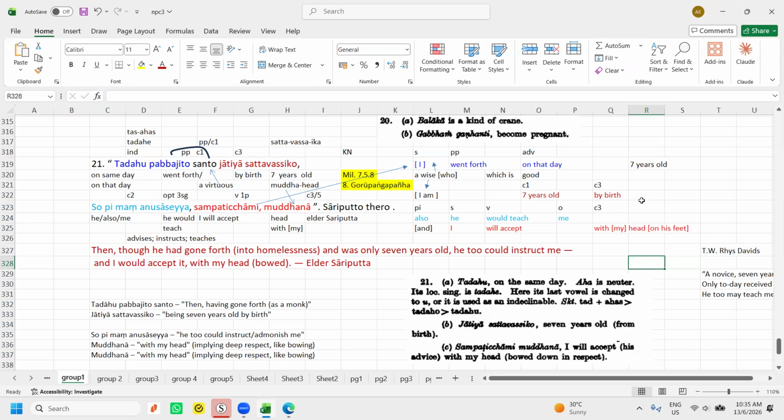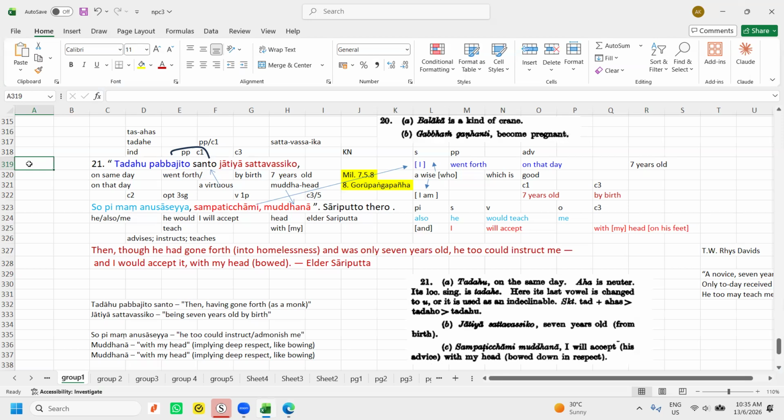It means this is not, as this sutta is Sariputto Thero. That means he went forth as a monk, not a Buddhist monk. He went forth because he was from a Brahmin caste.